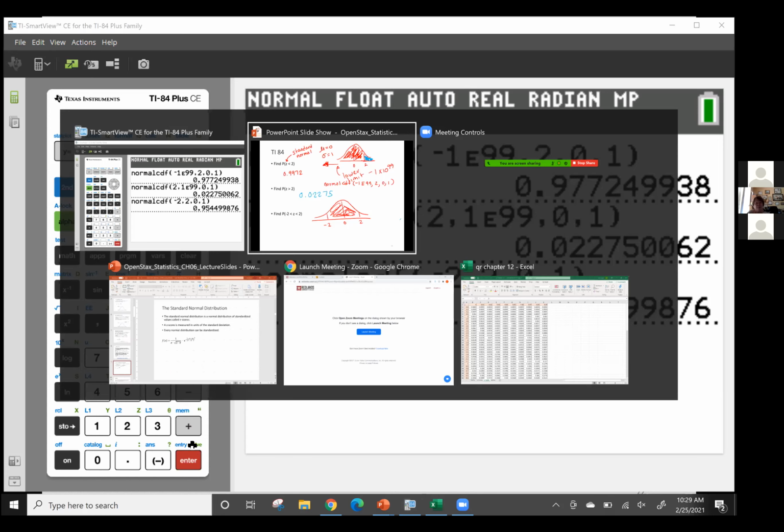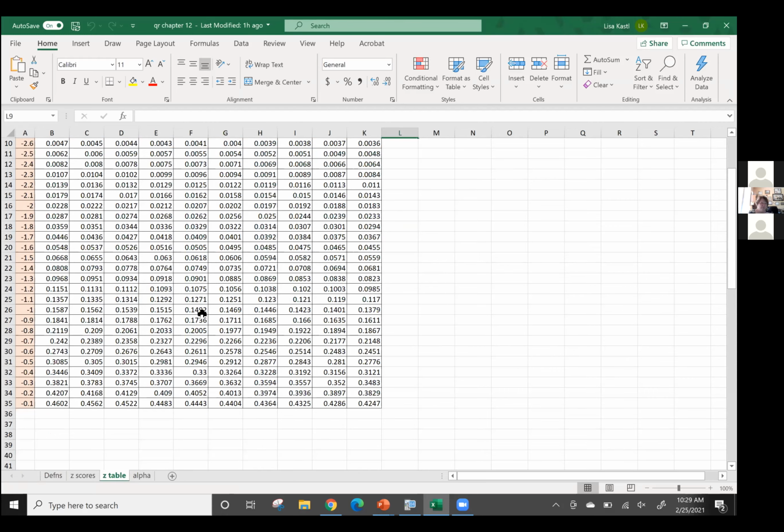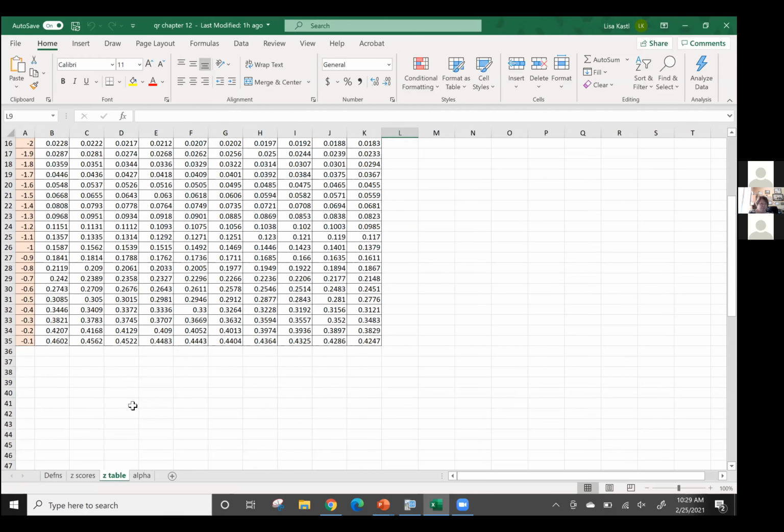So this is when it comes up, being very slow. This is the standard normal table. You can calculate the areas to the left of a particular z-score. So we looked at what z is less than 2. What you do is you go to this table and you find z is 2, which is right there.